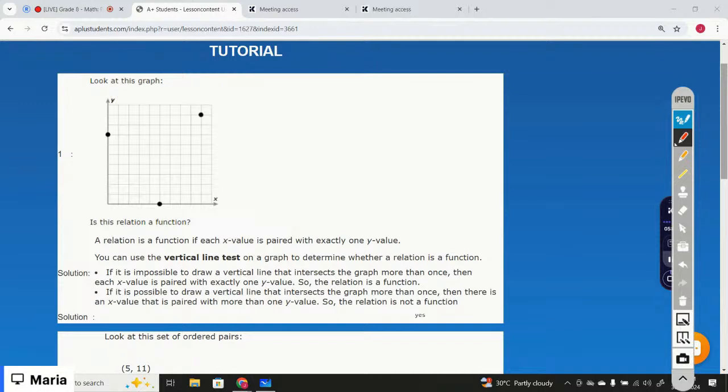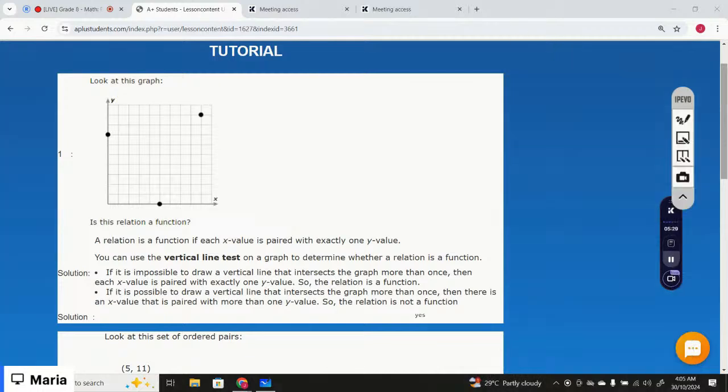So the relation is not a function. So if the line does not intersect the graph more than once, that is a function, and if the line intersects the graph more than once, then that is not a function, right?